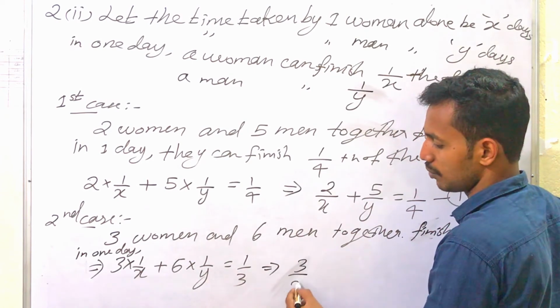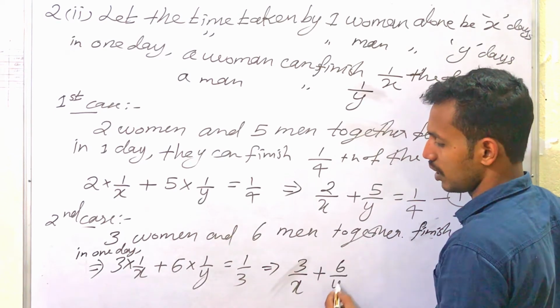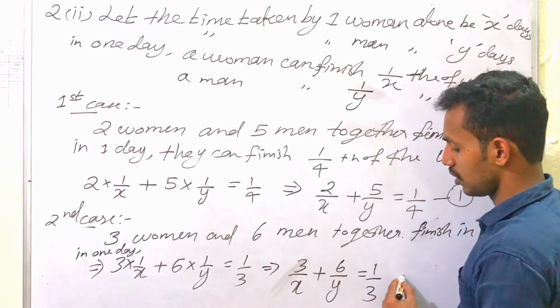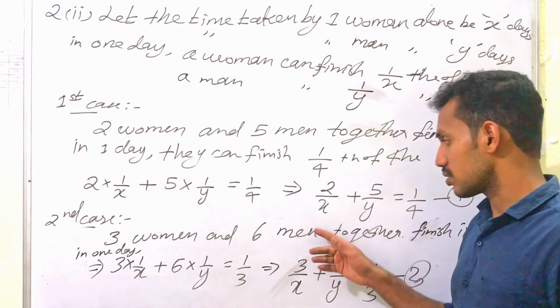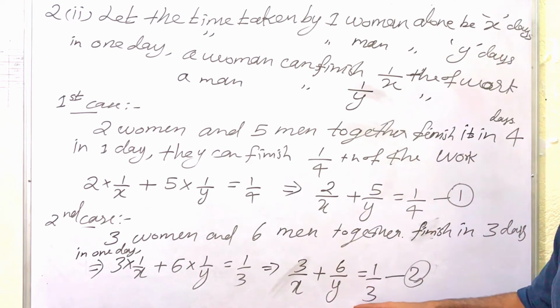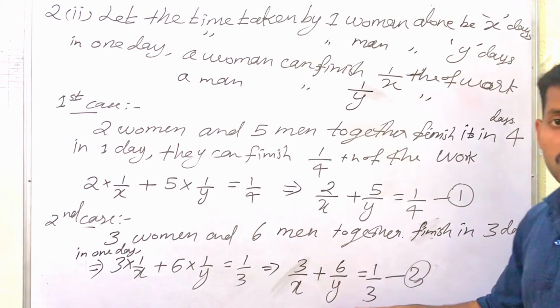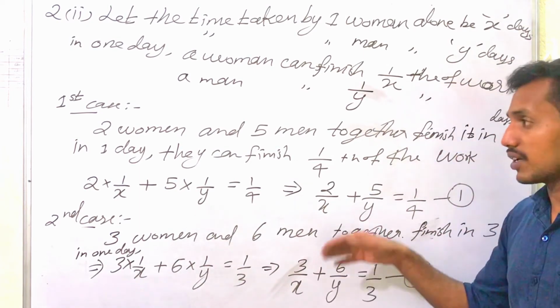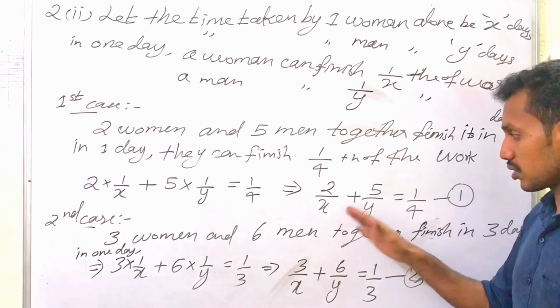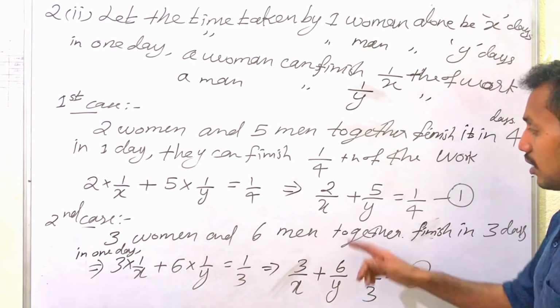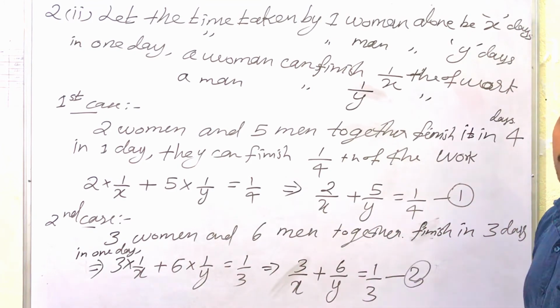That implies 3/x plus 6/y is equal to 1/3. Equation number 2. Now we have got 2 equations which are not in linear form. Then we need to proceed with the same process we did in the beginning. Clear? You can solve it. You will get the values of x and y.